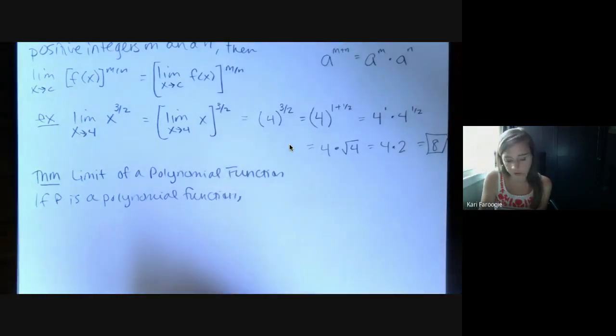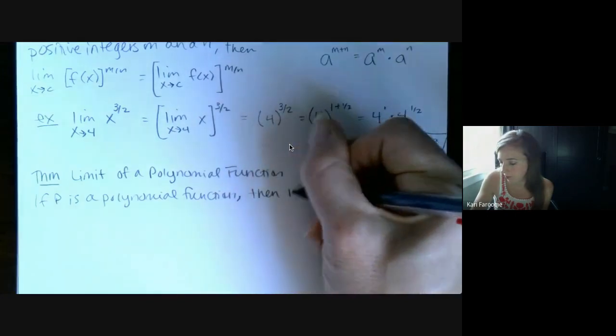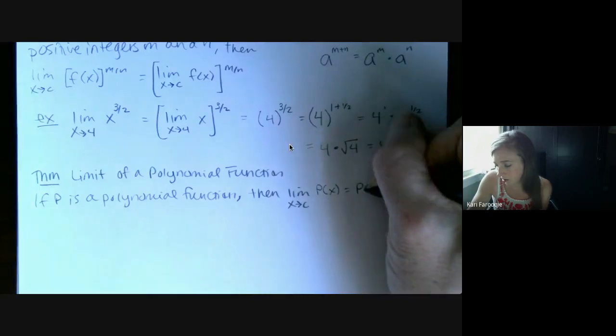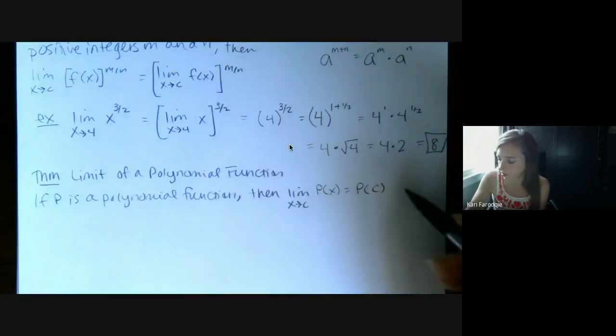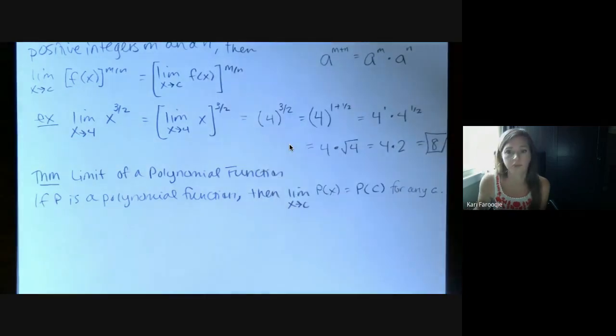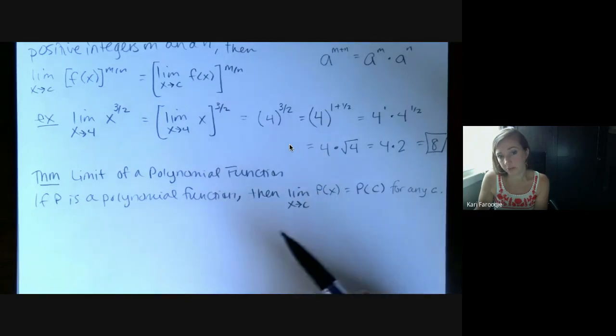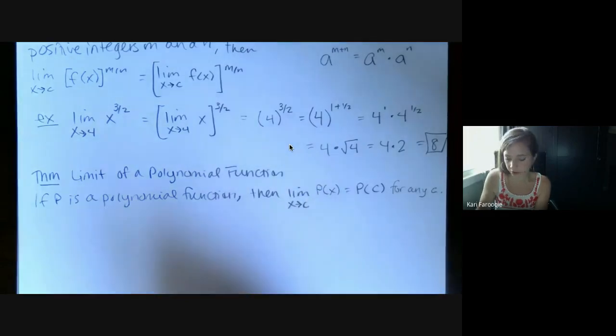So if p is a polynomial function, then the limit as x approaches c of p of x is p of c for any c. That basically means that you can just evaluate your polynomial at c. And that's it. Of course I will give you examples on that.